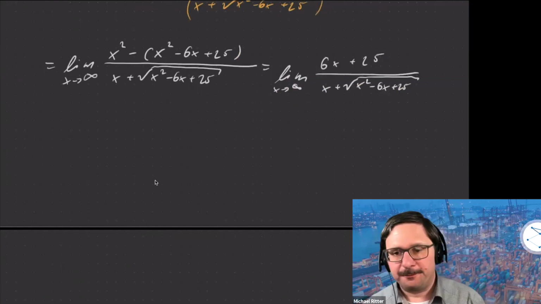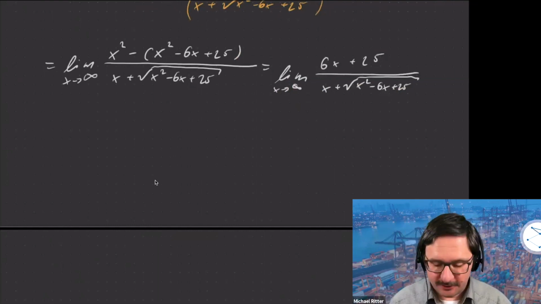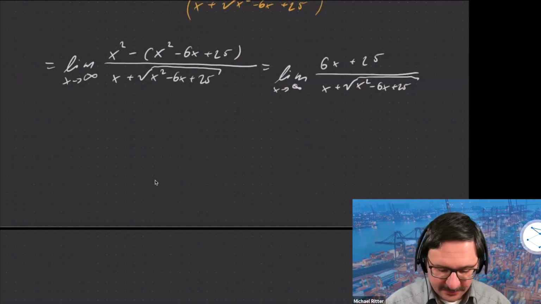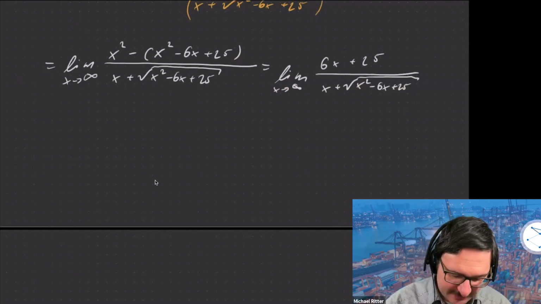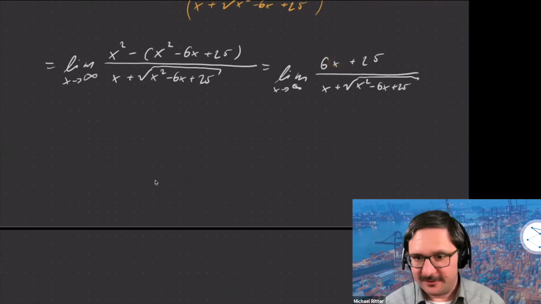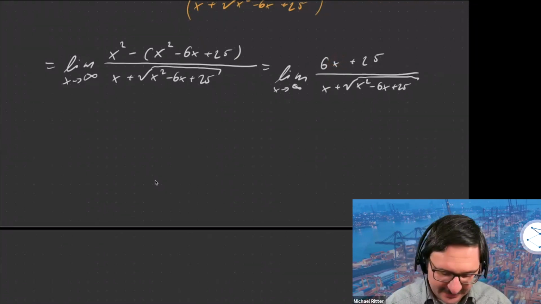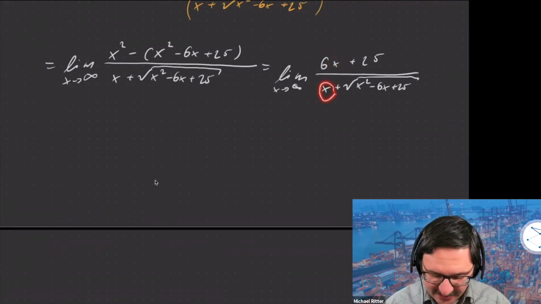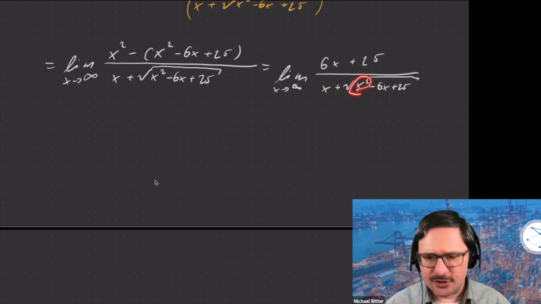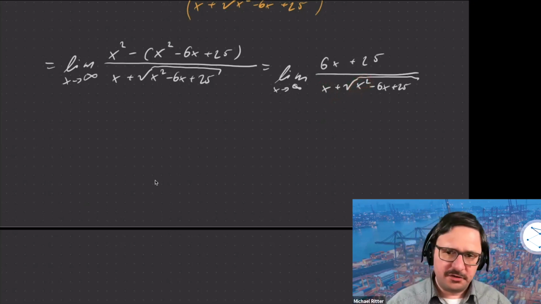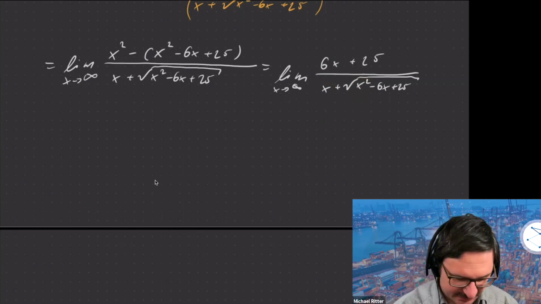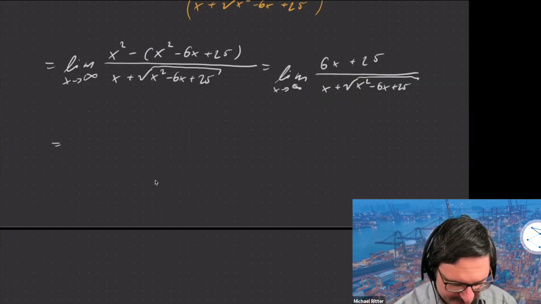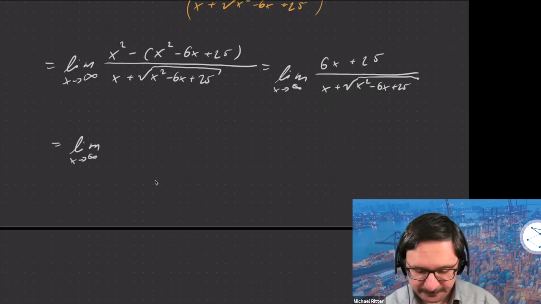Namely, we can divide by the highest power of x. The highest power in the numerator is obviously x. There's only one variable involved. In the denominator, we also have x, and we have x squared, but under the square root. So the square root of x squared is also x, of course. That means we try to divide this whole expression by x.